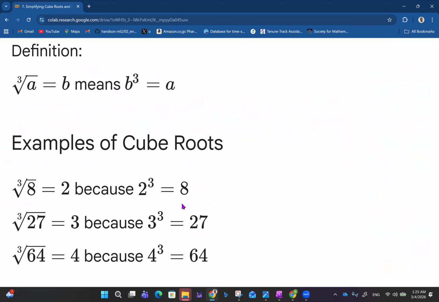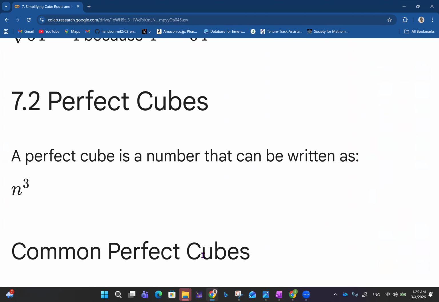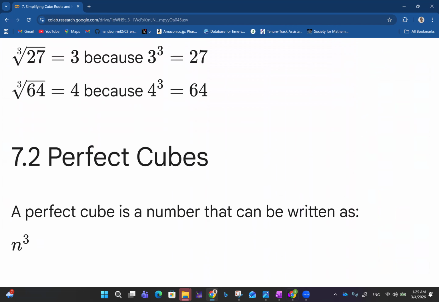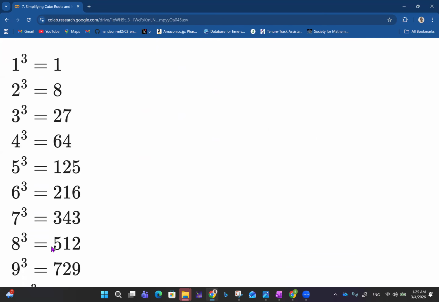All right, so we talk about examples of cube roots now. Cube root of 8 is 2 because 2 raised to power 3 is 8. Cube root of 27 is 3 because 3 raised to power 3 is 27. Cube root of 64 is 4 because 4 raised to power 3 is 64. And then we talk about the idea of perfect cubes. A perfect cube is a number that can be written as n cubed. So any number that you can write as n cubed is a perfect cube.